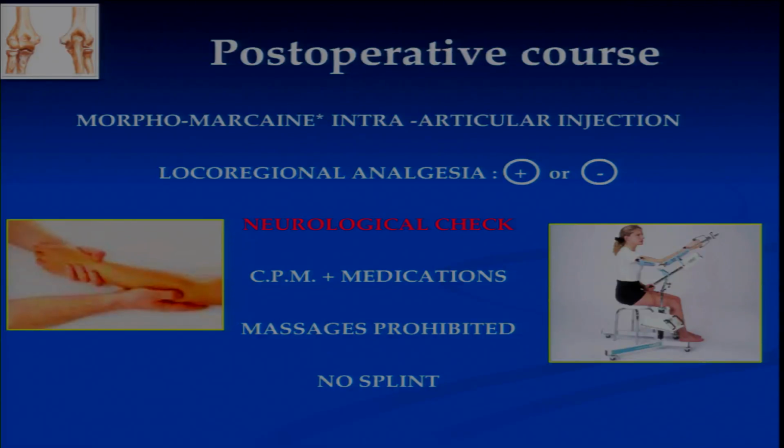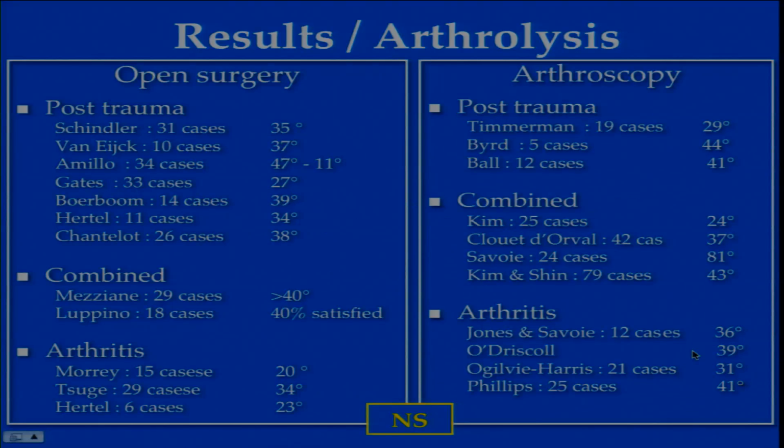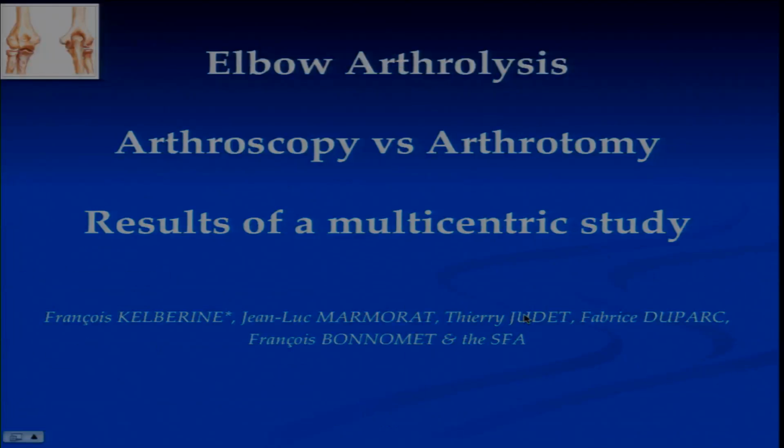I rarely perform a local regional analgesia because I'm really afraid to mask the nerve, and I perform some CPM and medication, without any splint, but with permanent rehab. The results in the literature comparing open and arthroscopic arthrolysis are quite similar concerning post-traumatic stiffness, arthritic stiffness, or the arthritic stiff elbow.